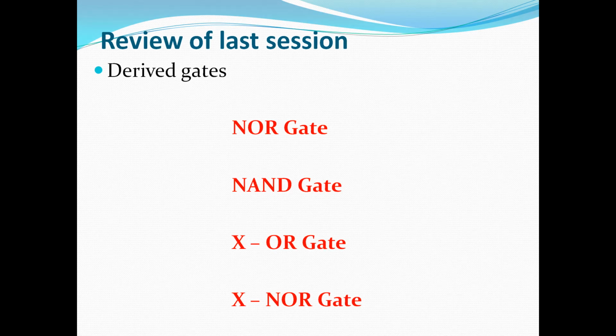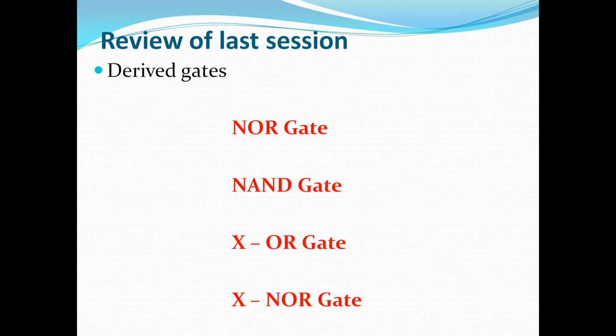In the last session we mainly discussed the derived gates. Remember that logic gates are mainly of two types: basic gates and derived gates. The basic gates are the AND gate, OR gate and NOT gate.